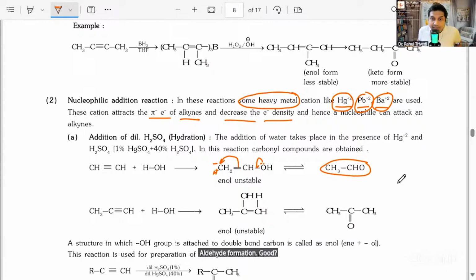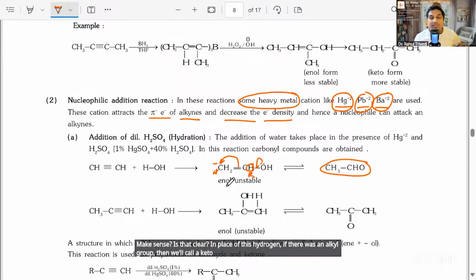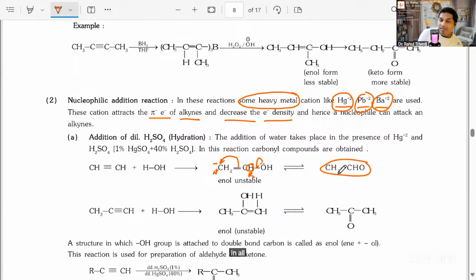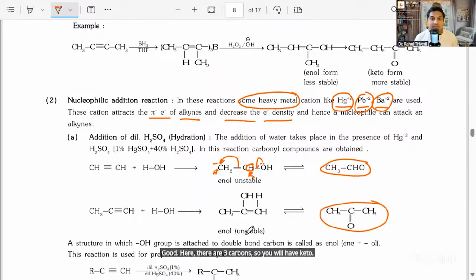Good. Here there are not a sufficient number of carbons to form the keto form. Yes or no? If there were 3 carbons, then the keto form would have formed. Make sense? Is that clear? In place of this hydrogen, if there was an alkyl group, then we'll call it a keto form. Otherwise, the enol form changes, but this time it forms an aldehyde. Good? Good. Here there are 3 carbons, so you will have keto. This is enol, this is keto.